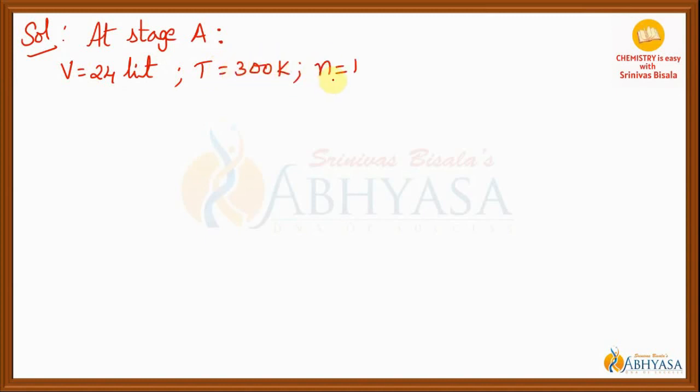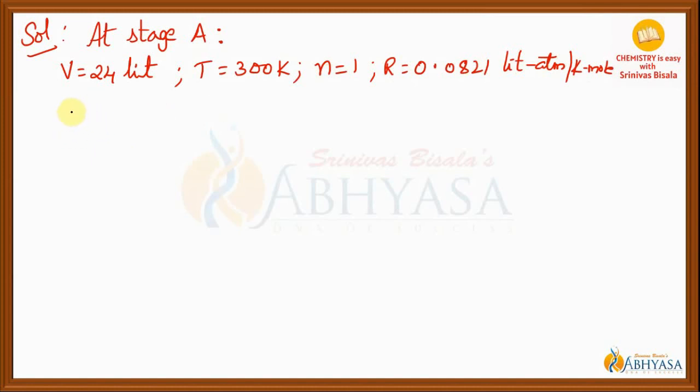Now at stage A, volume is given as 24 liters and the temperature is 300 Kelvin. Number of moles is given as 1, and we know that R value is 0.0821 liter atmospheres per Kelvin mole. Here we need to find out the pressure under these conditions.